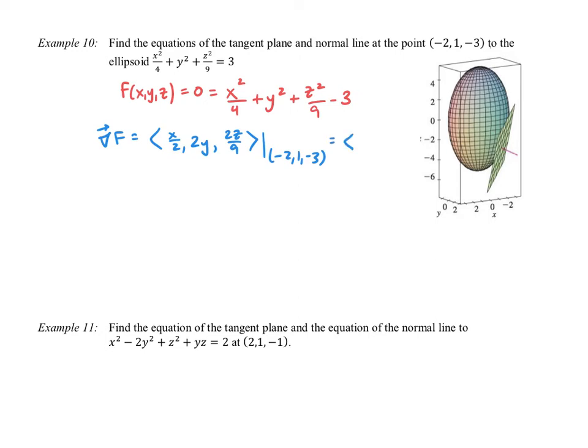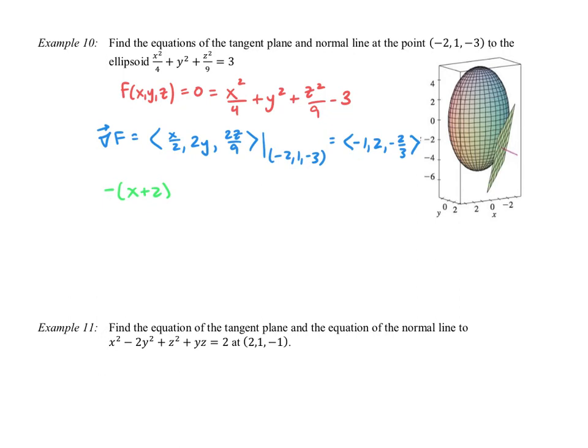So then for our gradient vector at this particular point, we get -1, 2, and then -2/3. All right, we'll use that here in our equation. So with our equation, we have -1 multiplied by x plus 2. Again, I'm using our point here, so it would be the x value, which is -2. So it's x minus -2 multiplied by -1.